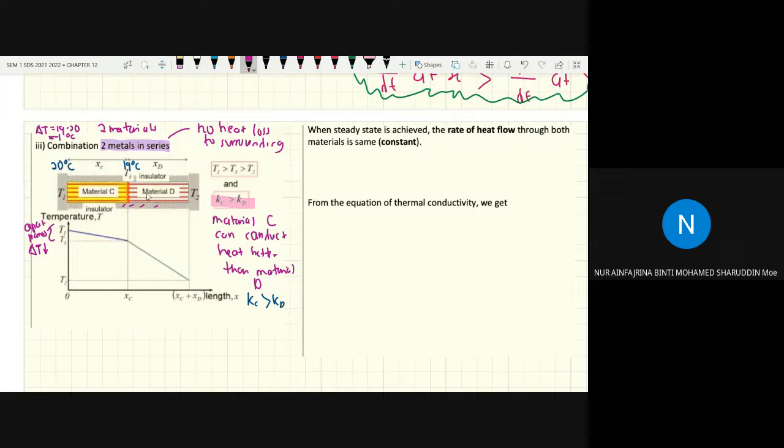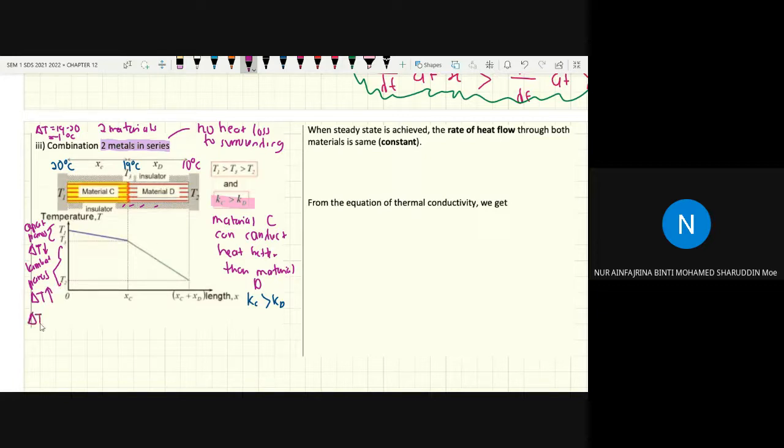Tetapi kalau material D ni dia ambil masa yang lama untuk conduct heat. Jadi kalau heat nak flow daripada T3 ke T2 dia akan lama. Contohnya kalau kat sini 19 degree Celsius, maybe dekat sini 10 degree Celsius. So nampak tak? Dia akan drop dengan sangat lama. Jadi dia akan jadi lambat panas, dan temperature difference dia adalah tinggi.